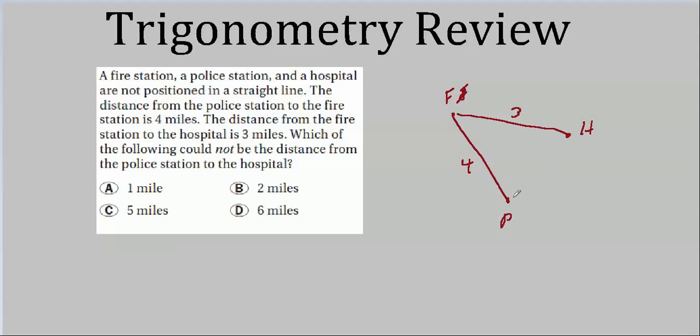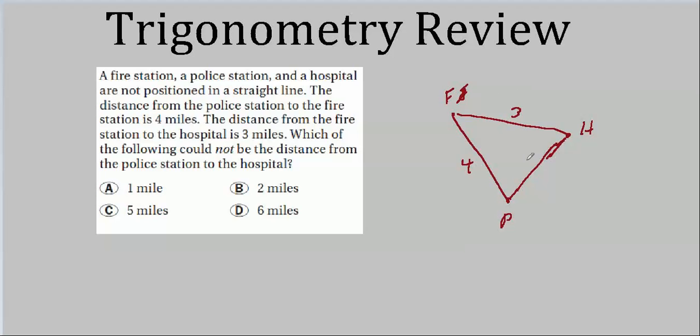Now we have this one here. This is 3, this is 4. What's this distance here? I think that's what they're asking. Well, actually what they're asking you to figure out is what could not be the distance. Well, we could start by looking at our triangle inequality.